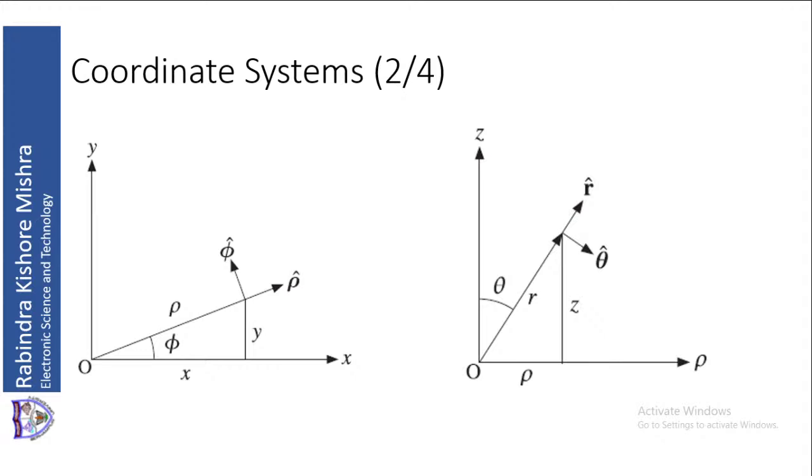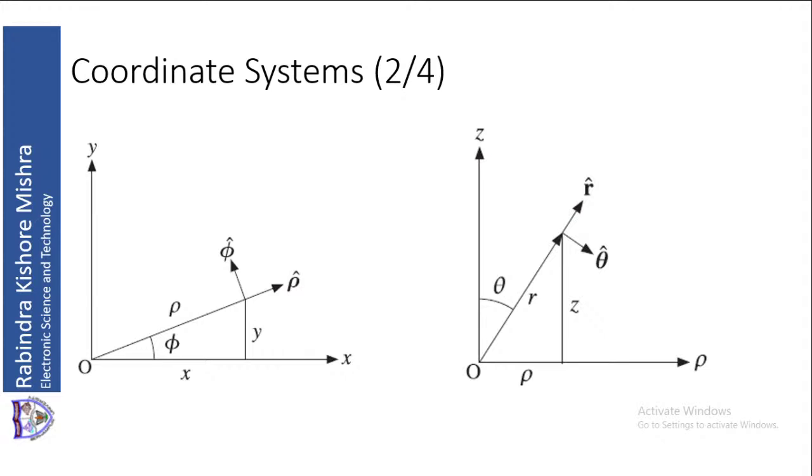The rho z plane will look like this. The rho z plane is a plane which is vertical to the xy plane, but it passes through the rho axis, or the rho vector. Then that will be vertical to this. So the z axis is vertical to the rho vector. Therefore, it will be vertical.